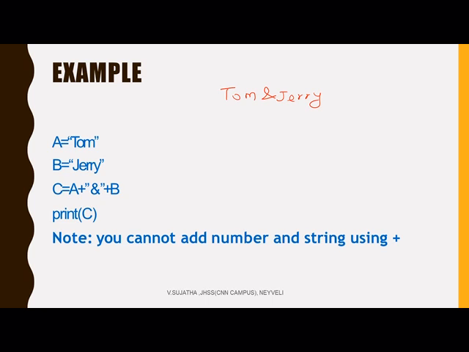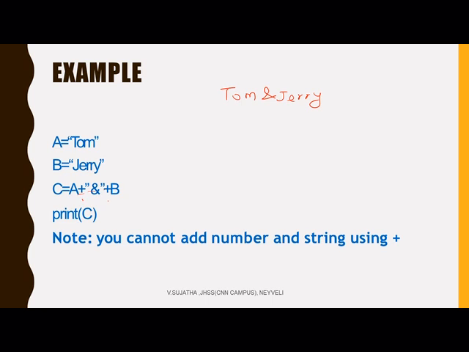Here we have used the concatenation operator, the plus symbol. A is a string, B is also a string, and the and symbol is also a string. So if you are going to use the concatenation operator, both the operands should be strings. You should not add a number with a string.